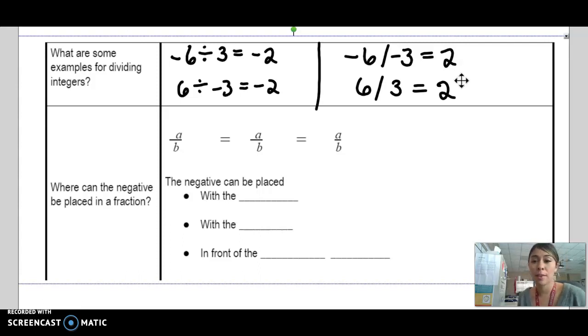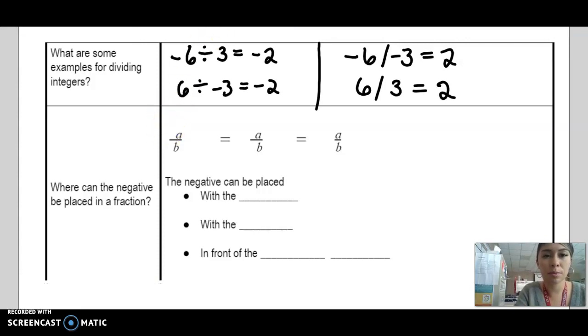So let's talk about the negative sign. Where can the negative be placed in a fraction? You will see the negative in 3 different locations. You will see it in front of the A, you will also see it in front of the denominator, or you will see it in front of the entire fraction.